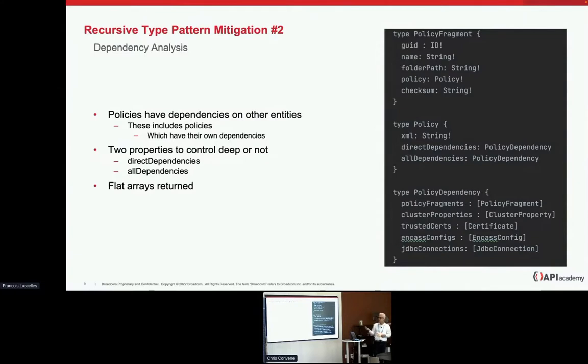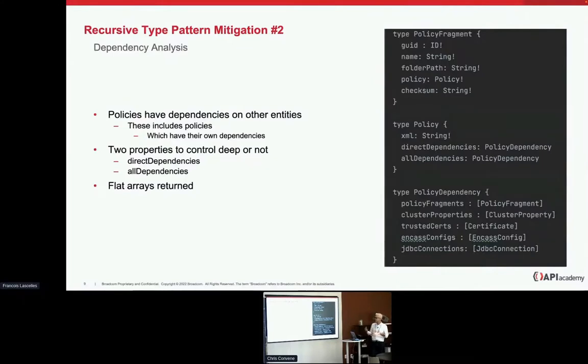The way that we address that in this case is by introducing 2 different properties, direct dependencies and all dependencies. In all dependencies, you basically get back arrays of the different dependencies, and they're flat. The fact that they don't embed each other doesn't matter, because in this case, I want to get all of the dependencies.